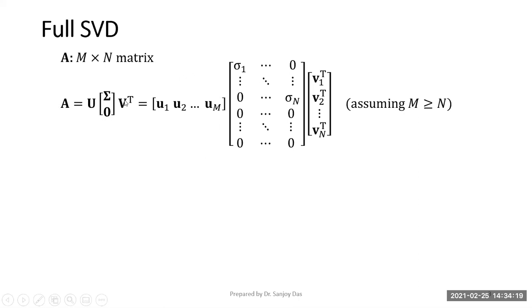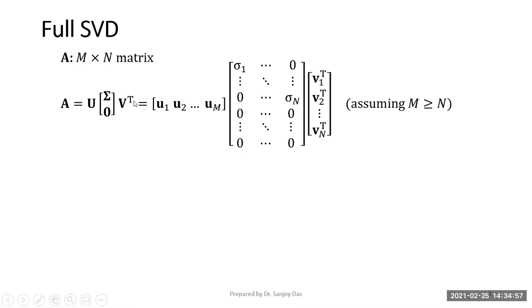this is how this block matrix sigma 0 looks. Here, sigma is this upper block, a diagonal matrix, and its diagonal elements are sigma 1, sigma 2 until sigma n. This is an M times N matrix, M by N, so it's of the same size as A. It is a diagonal matrix, and below that you have a block of all zeros.